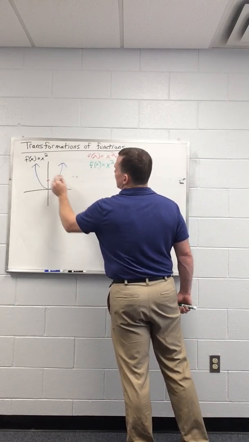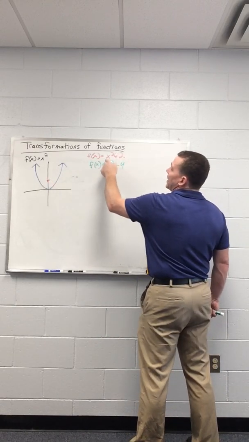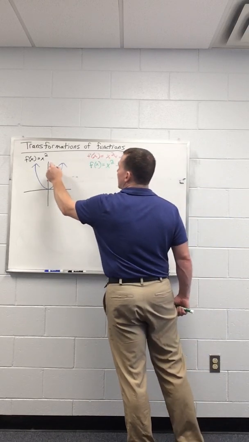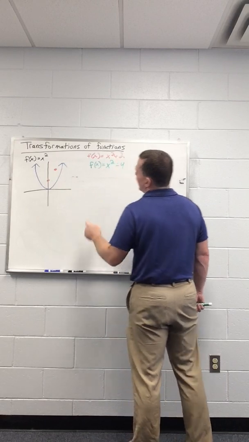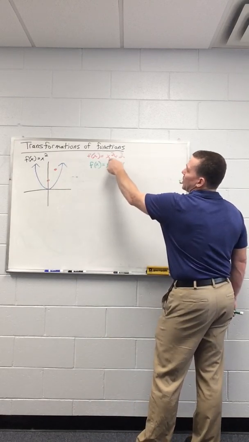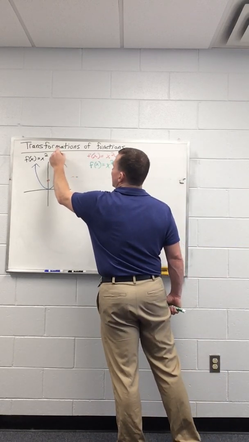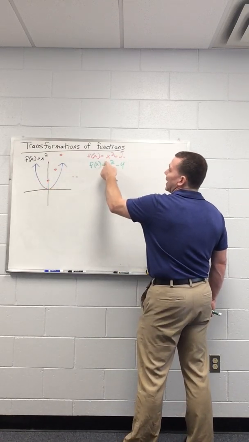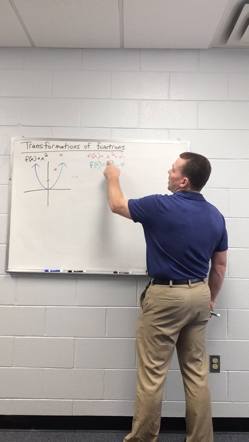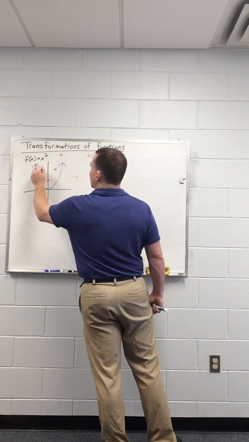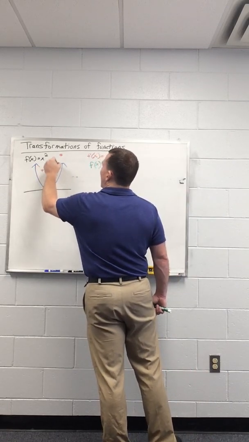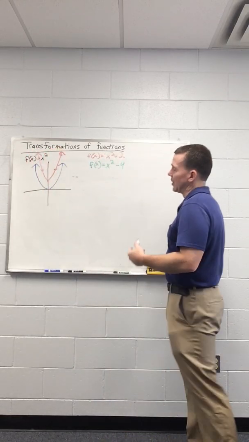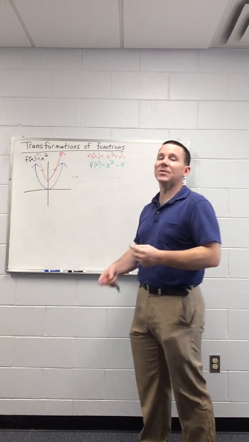If I plug in 1, I get 1 squared, which is 1, plus 2, 3, which is right here. At 2, I get 2 squared, which is 4, plus 2, 6, which is here. On the other side of the graph, at negative 1, I get negative 1 squared, which is positive 1, plus 2 is 3, which is right here. And it's pretty obvious this graph will be symmetric and it'll look like that. It looks like the original parabola just moved up.